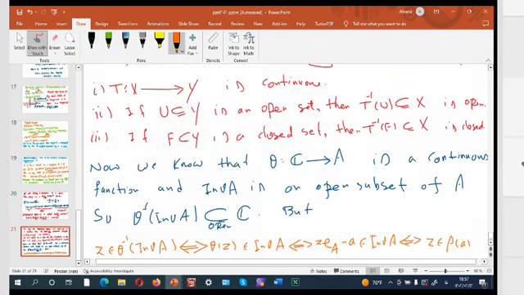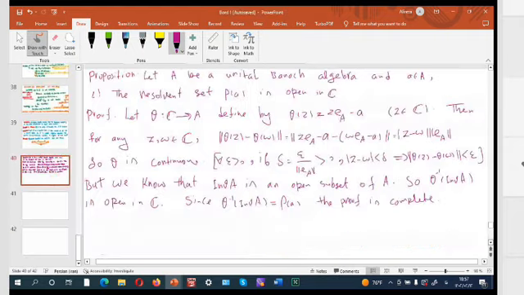So z e minus a must be invertible, so z must belong to the resolvent set of a. So this holds easily, and the proof is complete.